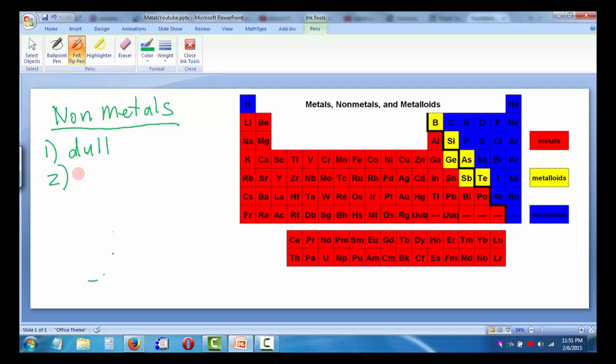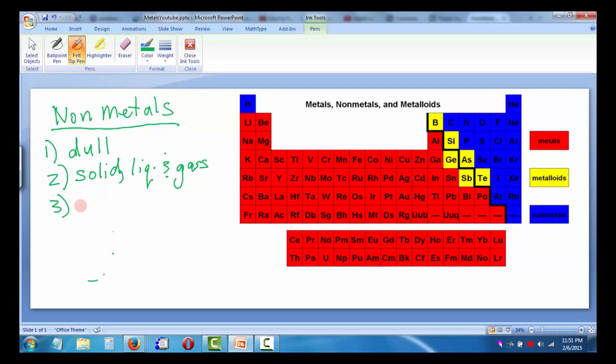Also, we can say nonmetals are solid, liquids, and gases, as opposed to the metals that were just mainly solid for the most part.